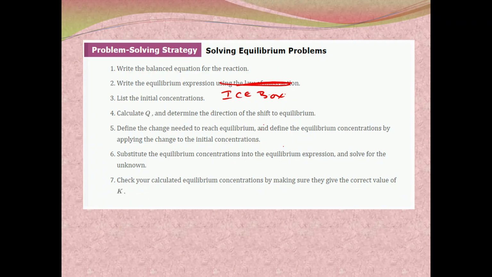Substitute all of that into your icebox, solve for x. Then once you solve for x, number 6 is putting everything into your change box. Then you're going to put everything into your equilibrium box, and you're going to solve for what the final concentrations are, and then you're going to plug them back into K just to make sure your answer is correct.